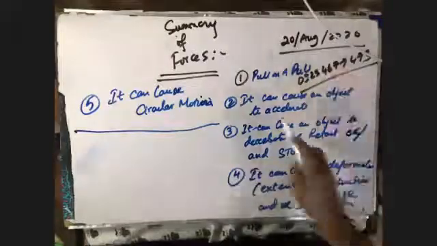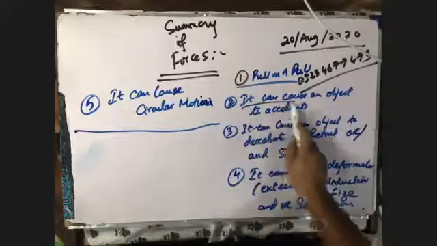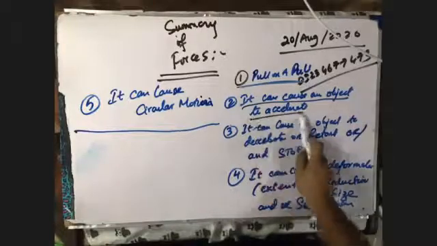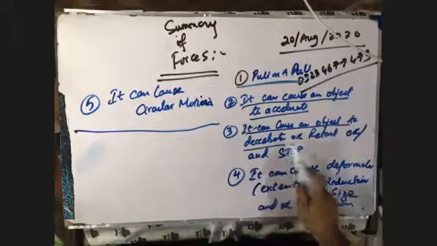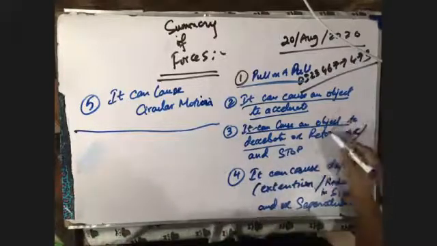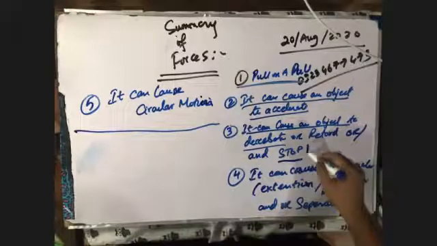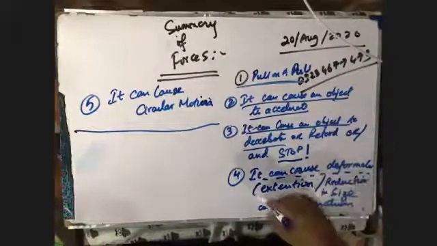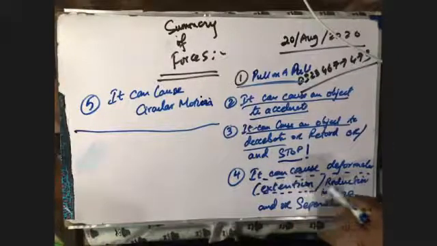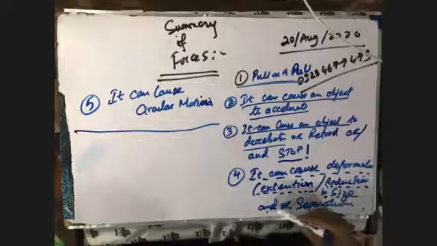A force is a pull or a push. It can cause an object to accelerate, decelerate or retard and stop. It can cause deformation, an extension, a reduction in size, or a separation.